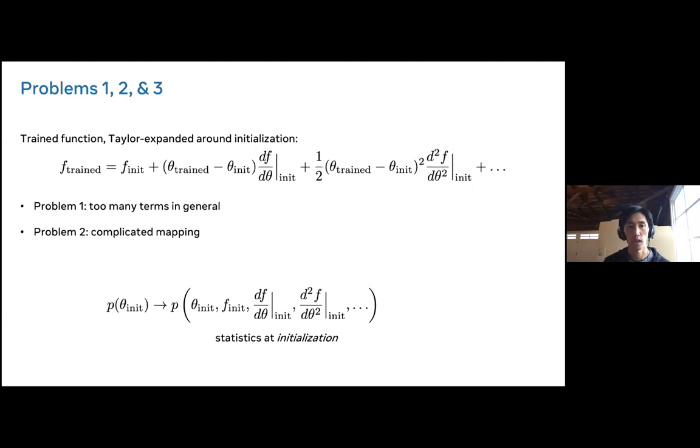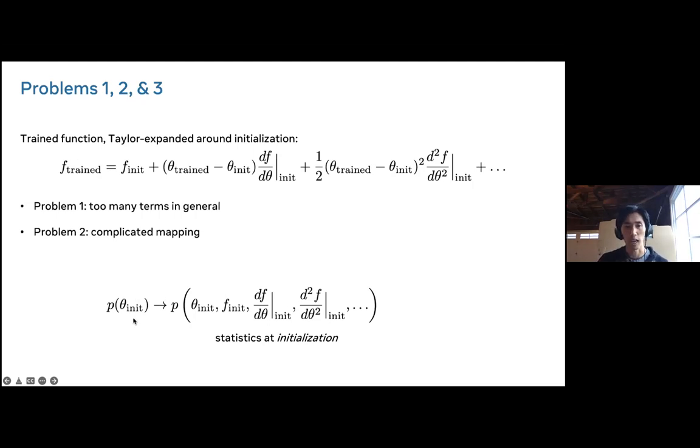And 2, even though we have complete control over the distribution over the initialization, because that's what you specify in your code, on the right-hand side you have this first derivative term, second derivative terms and so on, and also the initial function itself. You want to understand all of these to understand the distribution of the object on the left-hand side.